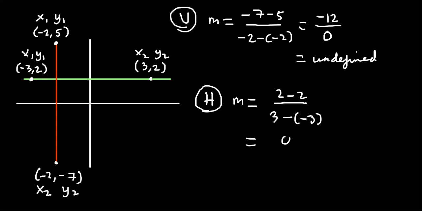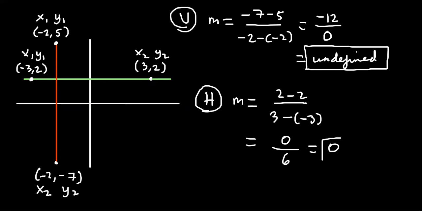So that gives 0 over 6, which is just 0. So a horizontal line would always have a 0 gradient. And then a vertical line would always have an undefined gradient. So these results are quite useful to memorize.